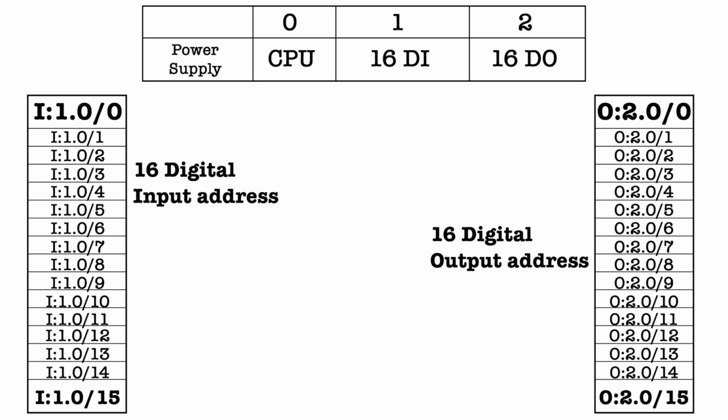Here the DI is connected to the first slot, so 1, but the output is connected to the second slot, so here we have used 2. Okay, so for the output, it is O:2.0/0, which ranges to O:2.0/15. By this way we can address the 16 digital inputs and the 16 digital outputs.